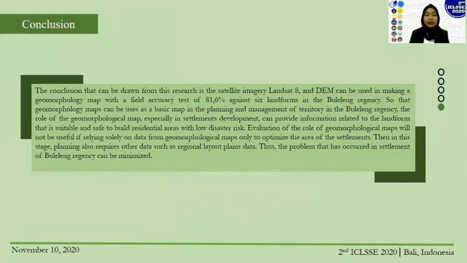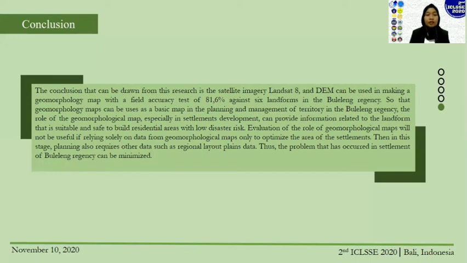The conclusion that can be drawn from this research is that satellite imagery Landsat 8 and DEM can be used in making a geomorphology map with a field accuracy test of 81.6% for 6 landforms in Buleleng Regency, so that geomorphology maps can be used as a basic map in the planning and management of territory in Buleleng Regency.